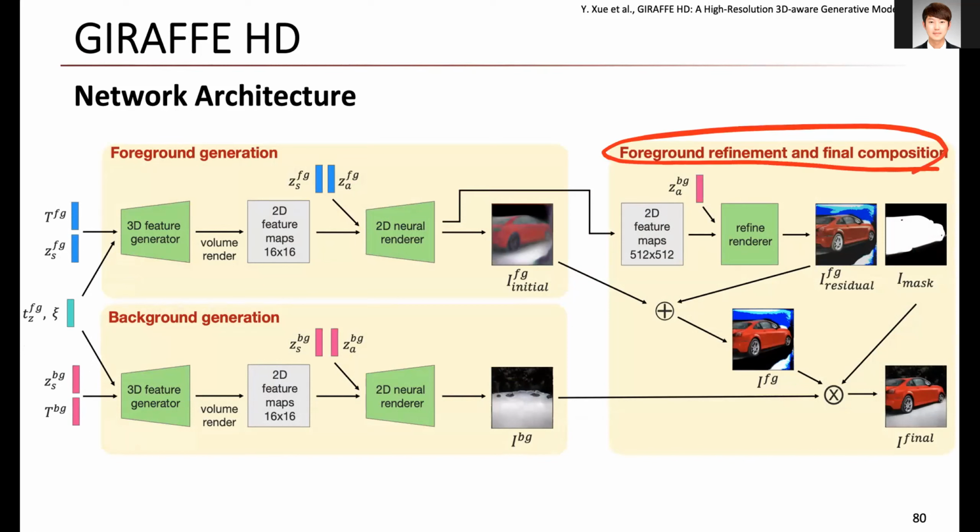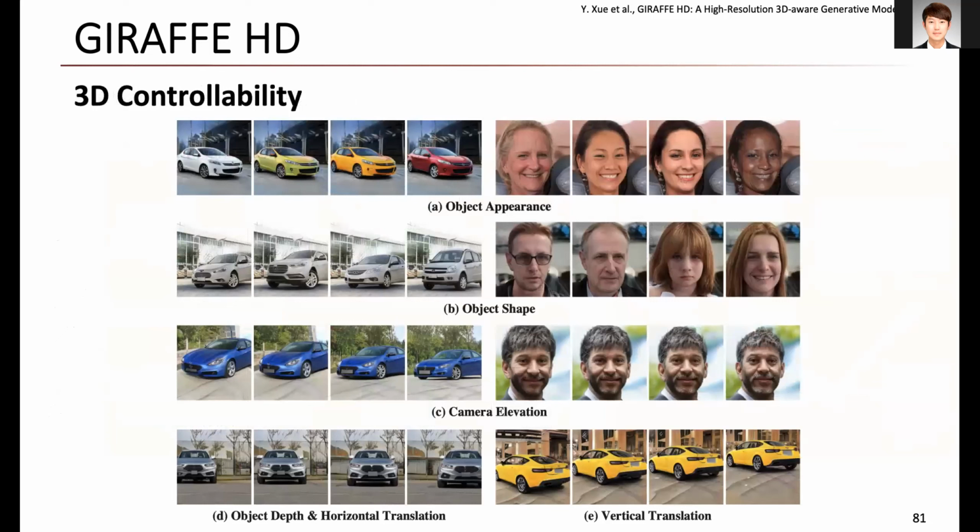The initial output can be added to the residual of the images, and this is the HD quality image in GIRAFFE, and this is GIRAFFE measured by considering the 3D controllability.